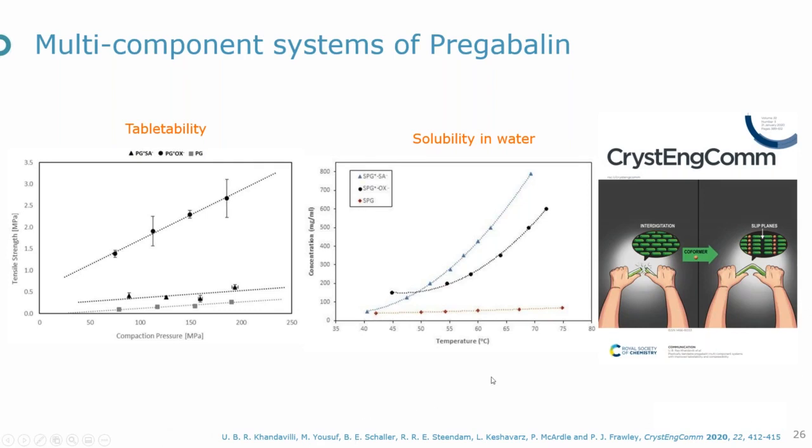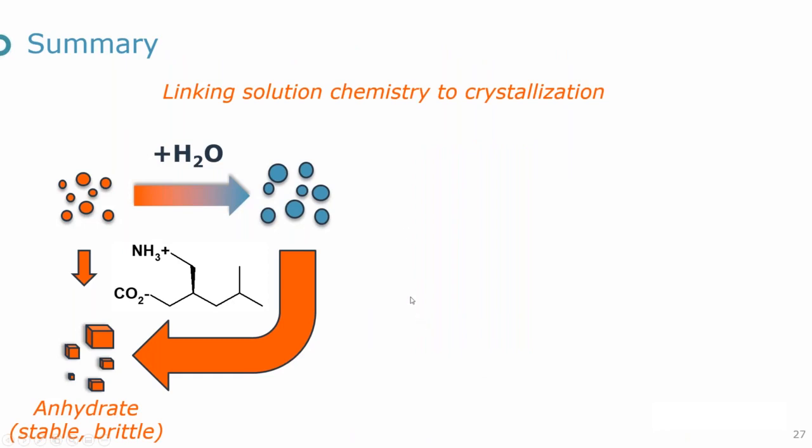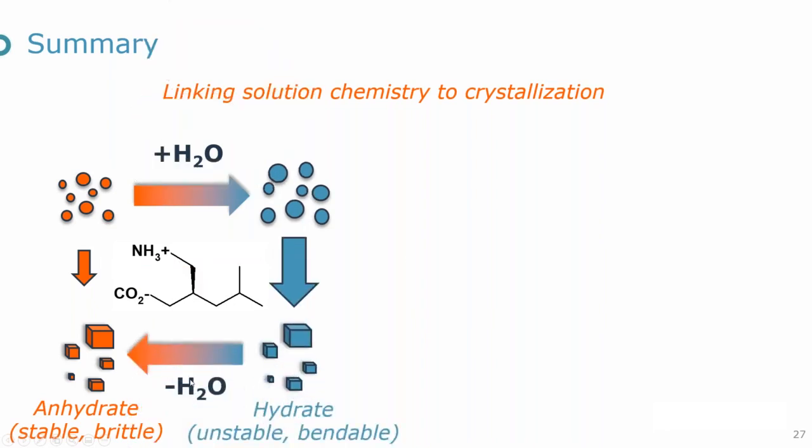So in summary, I showed how crystallization of pregabalin works. Initially we looked at crystallization of pregabalin from different solutions, and we always obtained the anhydrous stable form. However, this form was brittle. So we investigated the behavior and found that actually a hydrate can be formed as an intermediate unstable form.